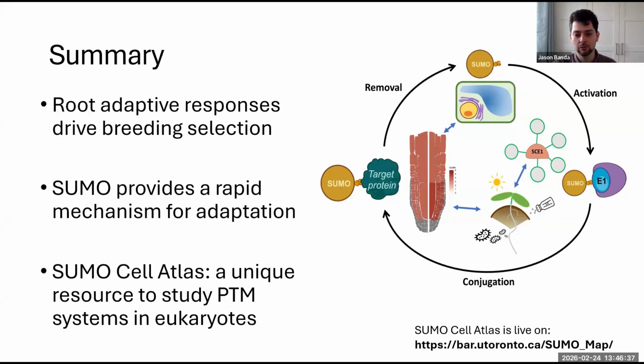And it is really crucial, as we've seen here in the case of lateral root hydropatterning, for plant adaptation. And then I hope you will have a look at the SUMO cell atlas, which is a nice little resource that is now online. And it gives us a first idea of why certain SUMO machinery components are important in particular stresses.